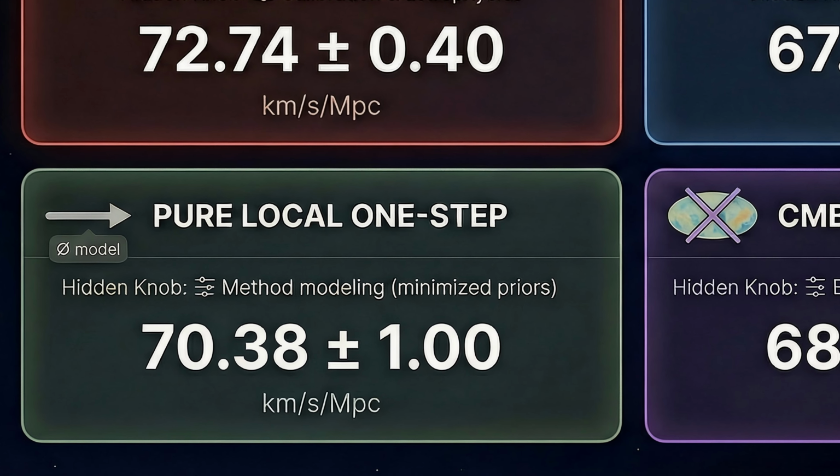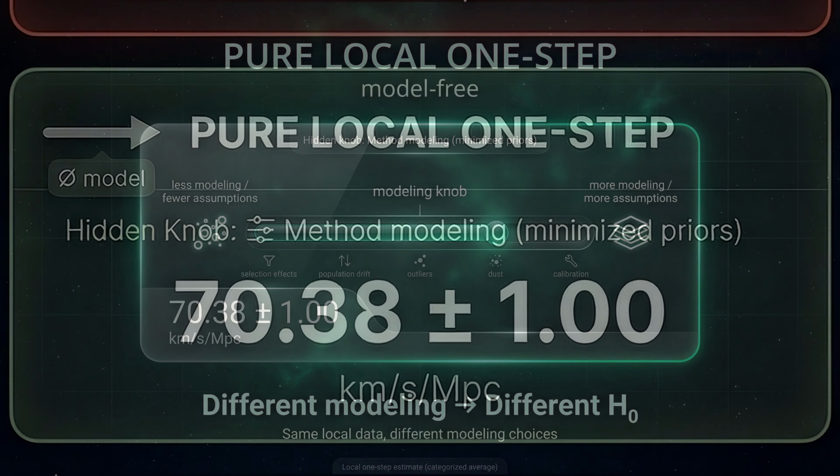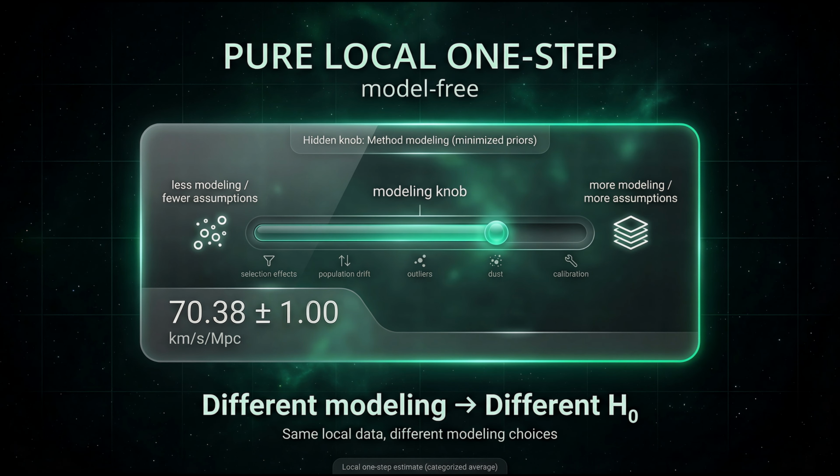That's Family 3. Pure, local, one-step measurements. This is the family trying to be the cleanest referee in spirit. These methods aim to measure H0 without climbing a ladder and without assuming the detailed shape of H of z, the expansion history as a function of redshift.